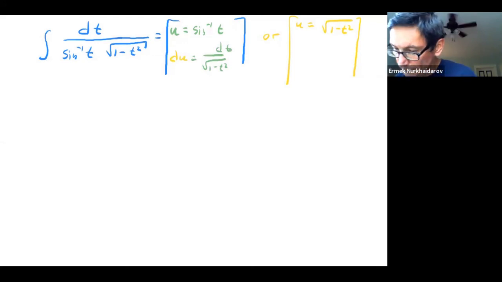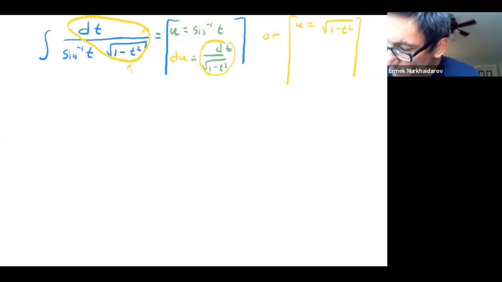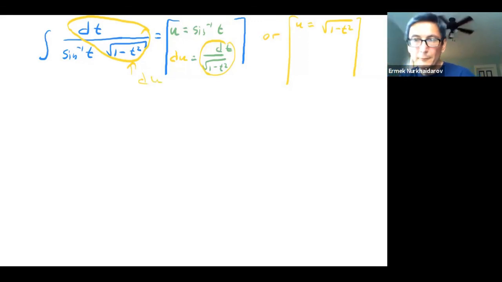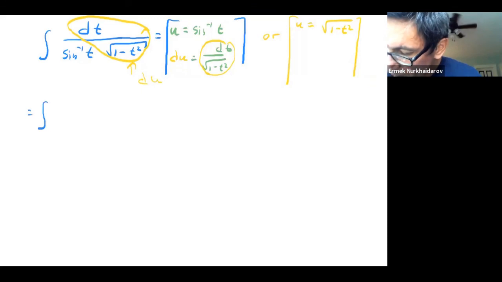If you look at the integral and look at what we've got so far, you immediately realize that is du. You don't have to solve for dt. So what you're going to get is the integral where that expression becomes du, and sine inverse t is u.